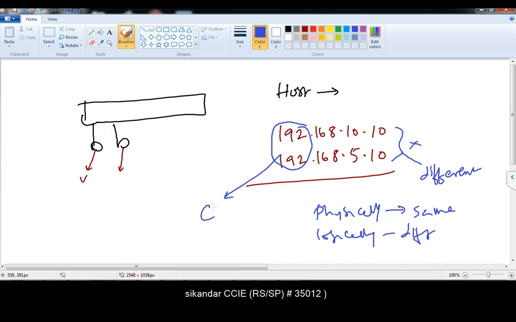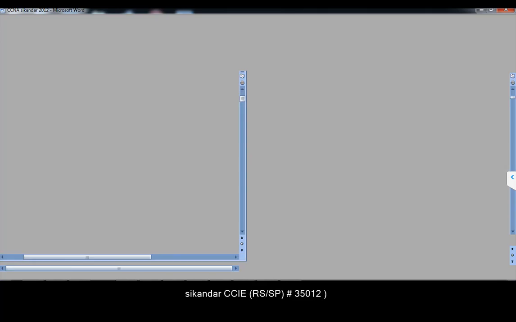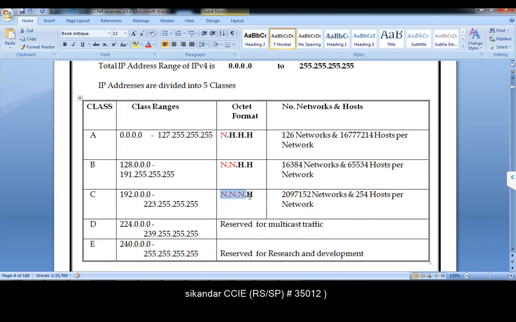If you remember, the range 0 to 127 is A class, 128 to 191 is B class, and 192 to 223 is C class. Now 192 falls in C class. In C class, as we discussed in our previous example, there are 3 network portions and 1 host portion.